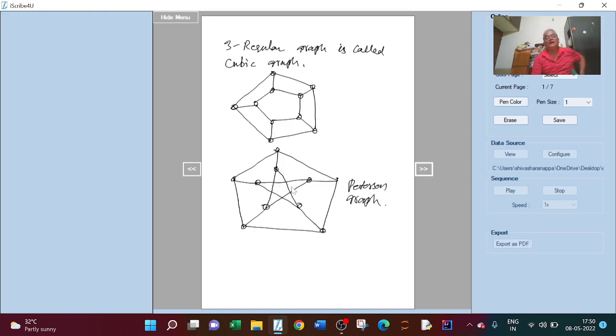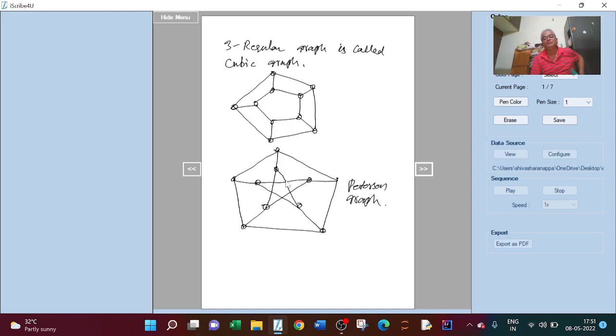Note that these two have 10 vertices, the degree of each vertex is equal to 3, and the number of edges is also the same, but this graph is different from this graph. These two graphs are not the same because, if we observe, there is a square, C4, here, but there is no C4 here, so it is not possible to find C4.